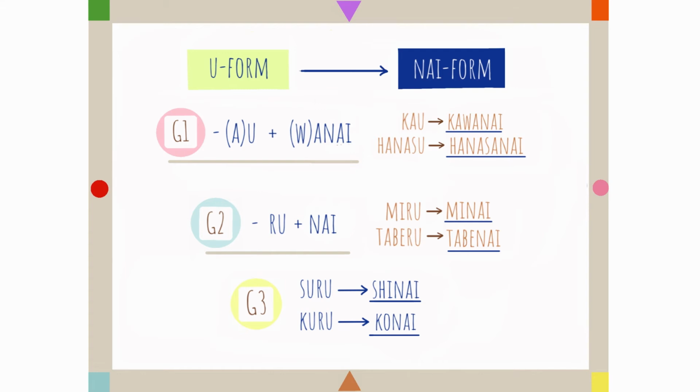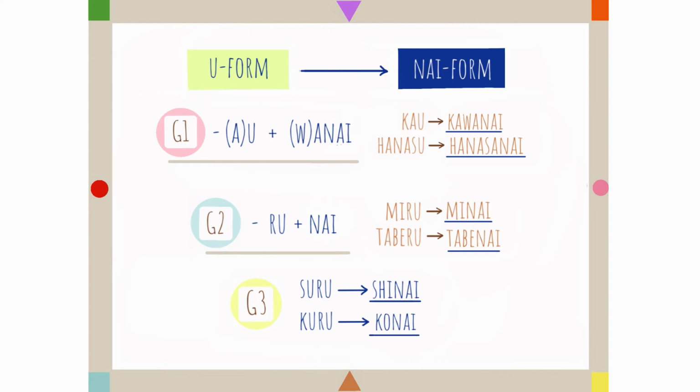Next, this is showing how to change dictionary form to nai form. Group 1, dictionary form minus u or au plus a and nai, or wa and nai. For example, 買う、買わない。話す、話さない。Group 2, dictionary form minus る plus ない。For example, 見る、見ない。食べる、食べない。This is simple, isn't it?